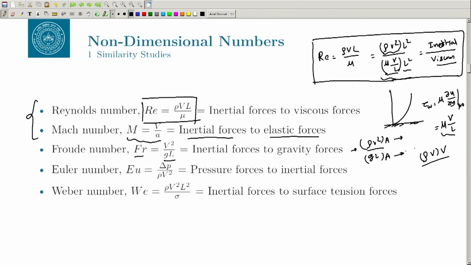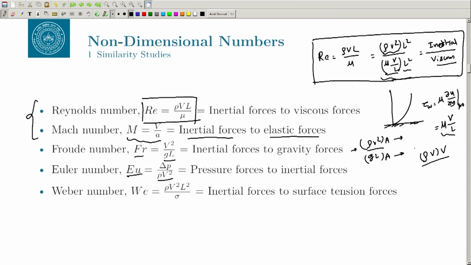Similarly, you have this Euler number, which is basically the ratio of pressure forces to inertial forces. You know there are pressure terms and inertial terms in your Navier-Stokes equations, and you take the ratio between the two.